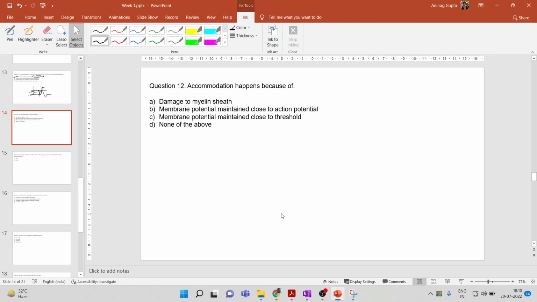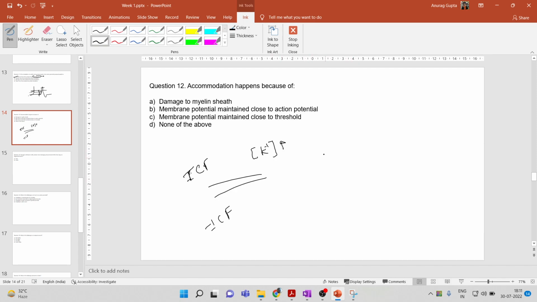So if you remember, the sir had talked about hyperkalemia, where the outside concentration changes. So this is your cell membrane, this is your ECF, this is your ICF. The K plus concentration inside is already high, but if the K plus concentration outside increases by a slight amount, then what happens to the resting membrane potential?